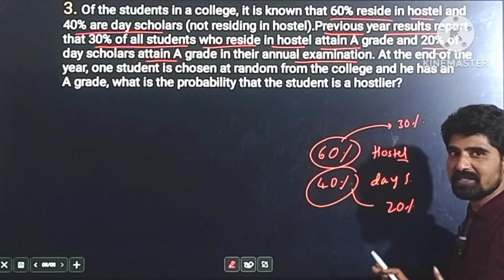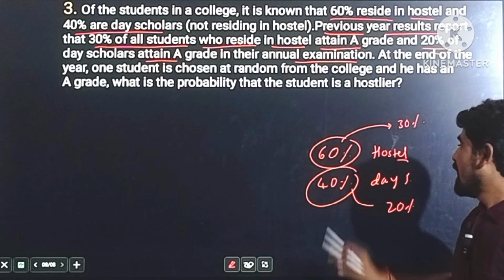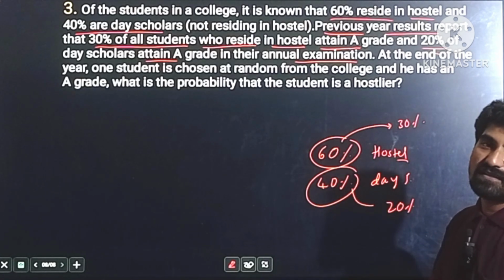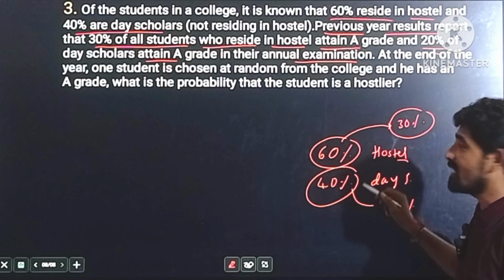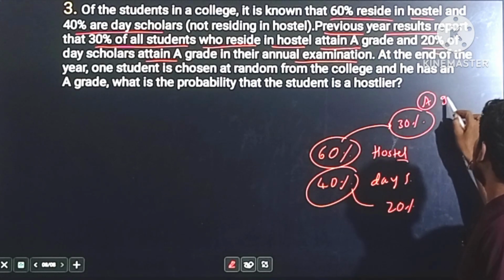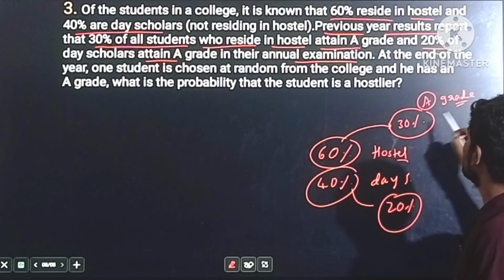This is the given information. In a college, 60% of the students reside in hostel and 40% are day scholars, and previous year results report that 30% of the hostel students attend A grade in their annual examination and 20% of the day scholars attend A grade.